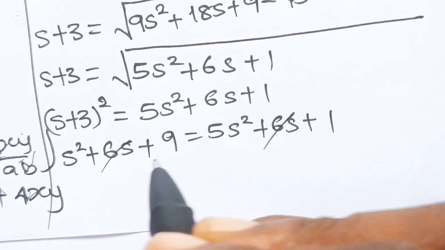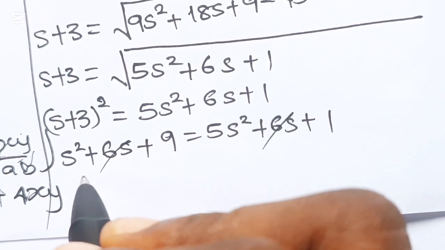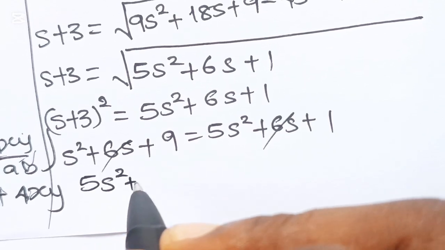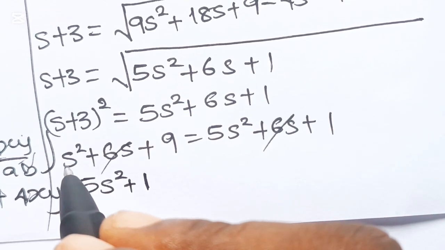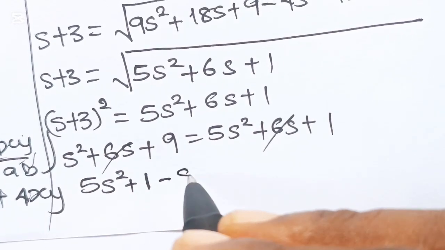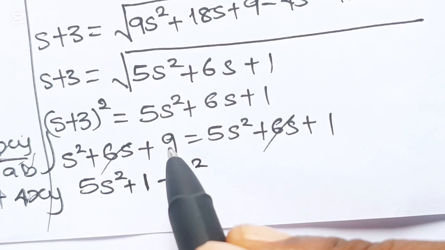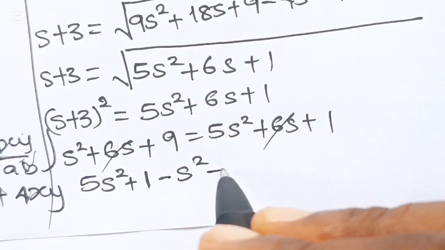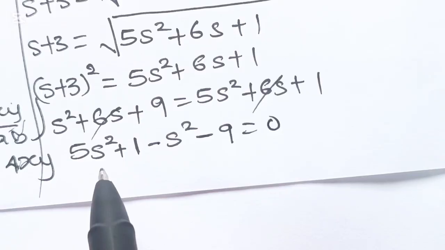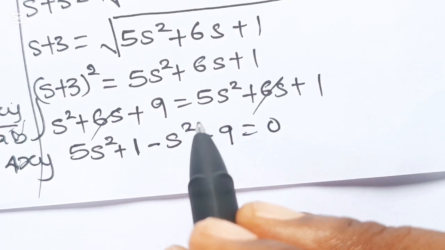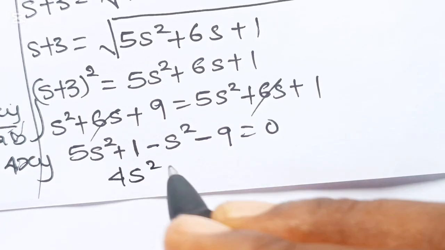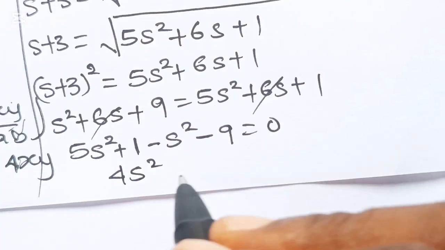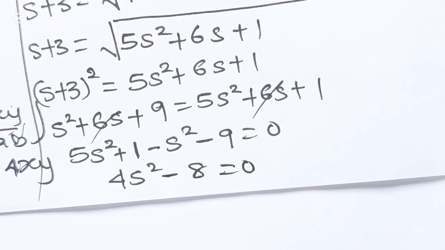Let's transfer everything to the other side. So we have 5s squared plus 1. Then s squared will cross to become minus s squared, and plus 9 will cross to become minus 9, is equal to 0. So 5s squared minus s squared is 4s squared. 1 minus 9 is minus 8 is equal to 0.